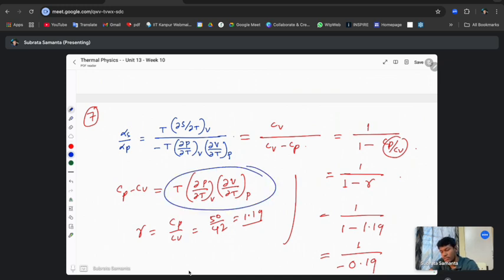So this is basically your Cp minus Cv, and here this is a minus sign, so this is Cv minus Cp, and the numerator is Cv. So Cv over Cp minus Cv is basically 1 over 1 minus gamma.